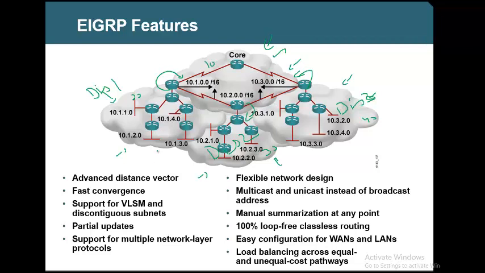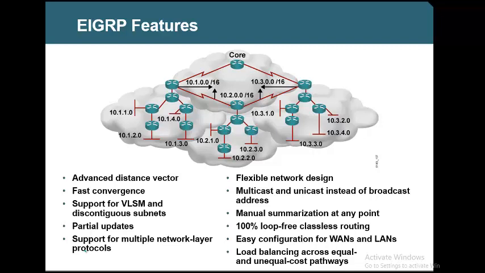So you can have any sort of design. There is no fixed design like you have in OSPF. In OSPF it's a fixed design. You must have a backbone area in OSPF in order to communicate between non-backbone areas. But EIGRP is flexible. You can have your own design. Did I answer your question?